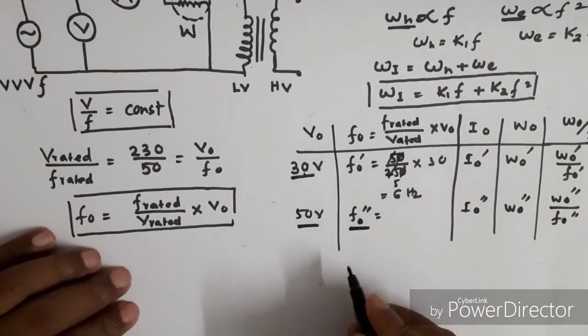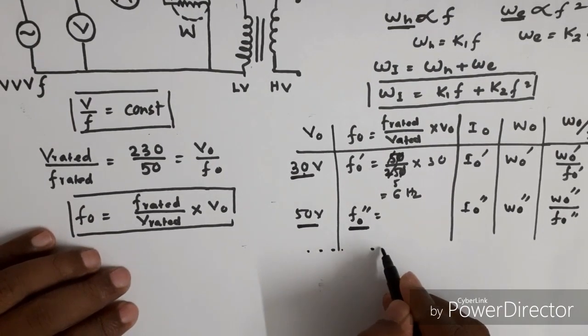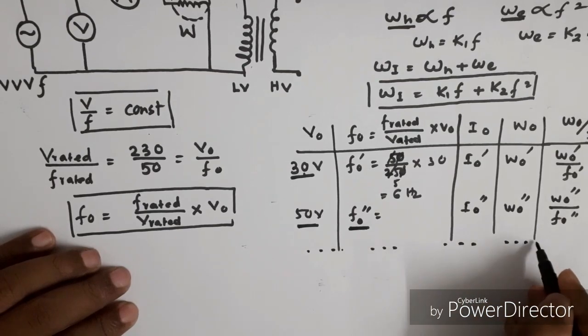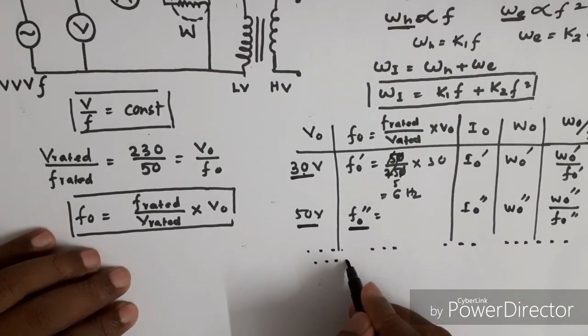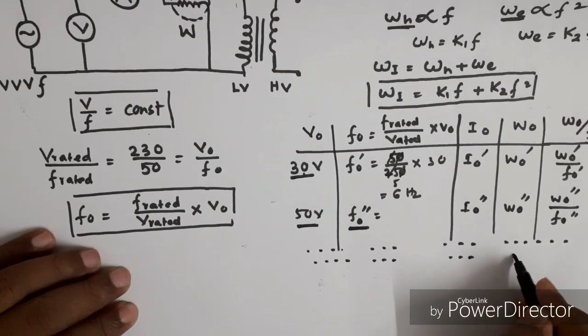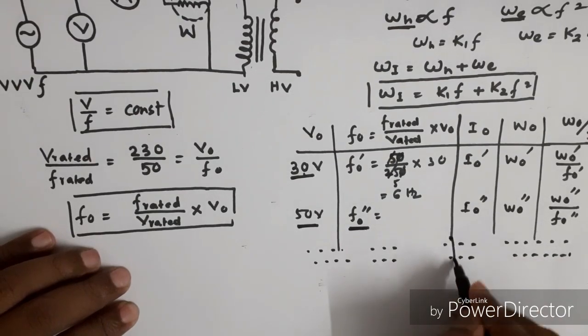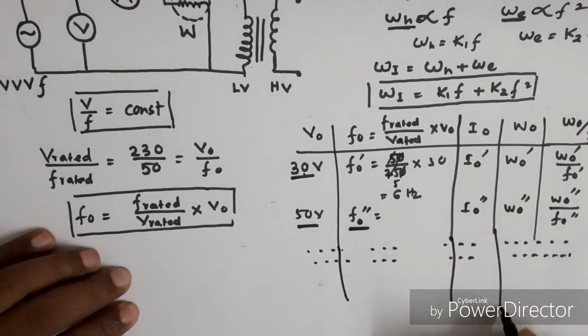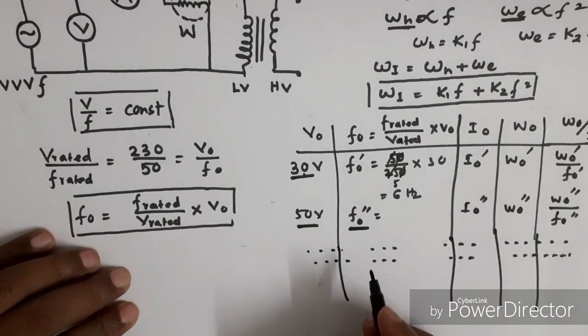Similarly, we increase the voltage and frequency so that the ratio V by F is maintained.